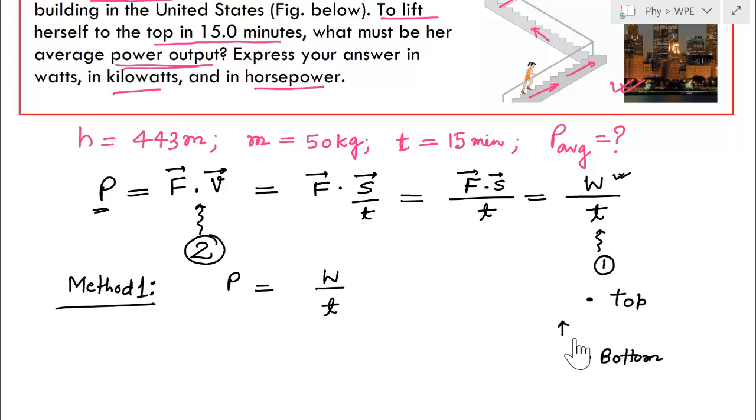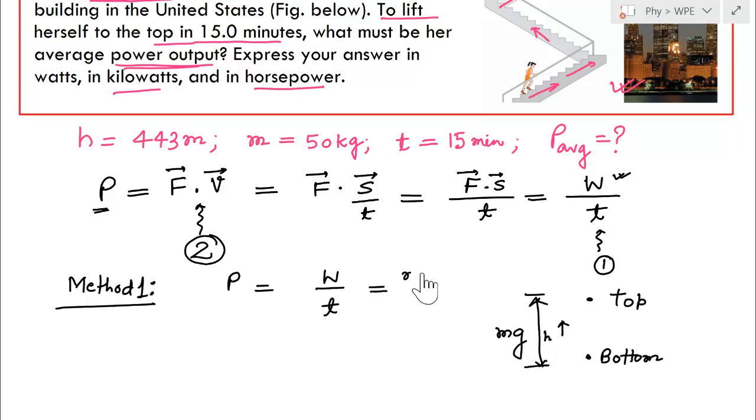So how much work she has to do when she is going from bottom to the top of this building? So she is doing work against gravity force, that is equals to mg, and the height she is traveling is h. So work done will be mg into h.